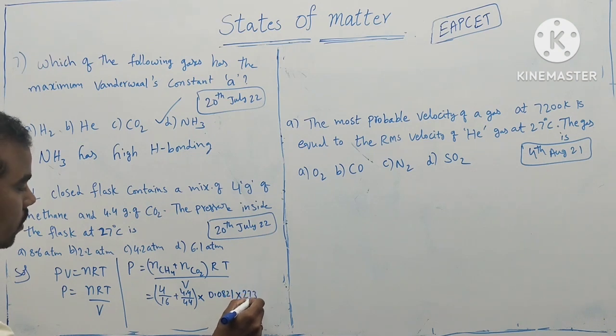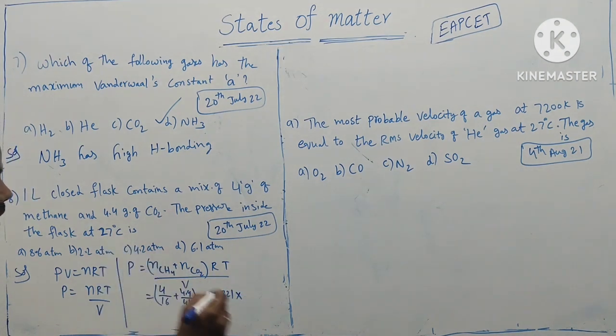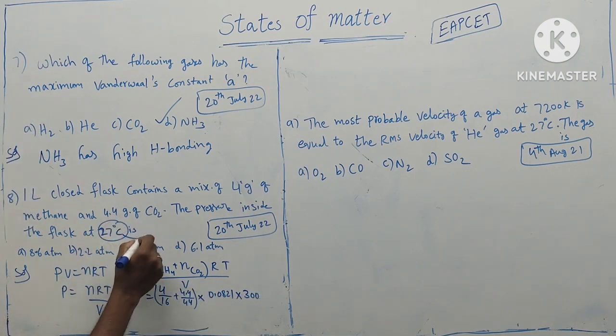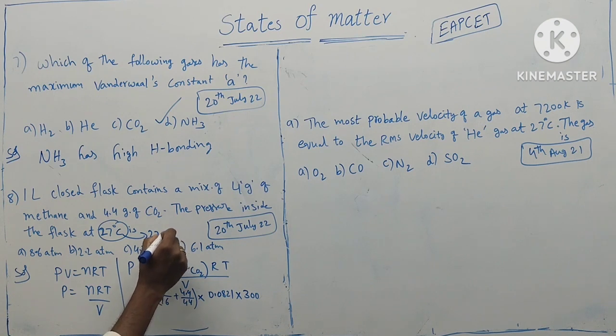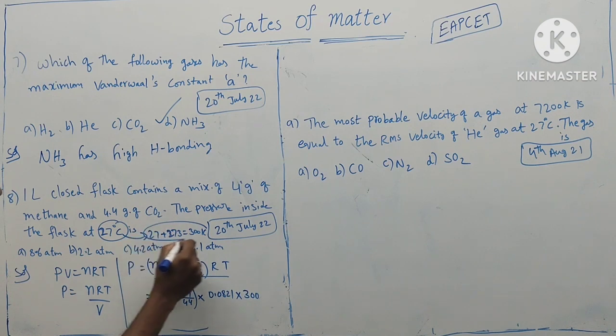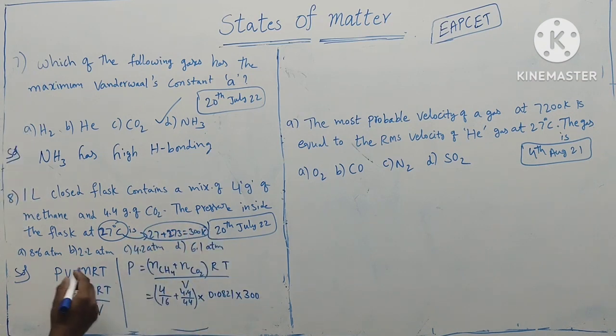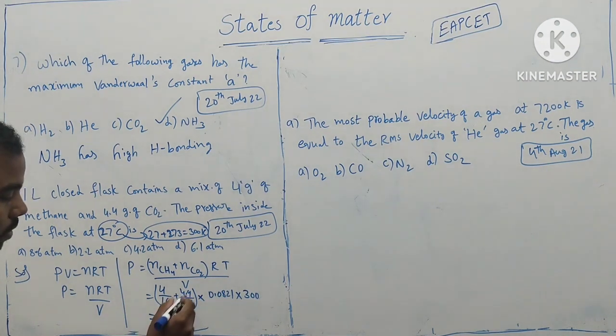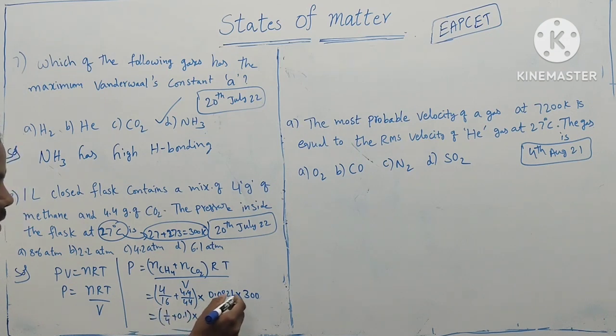Temperature: 27 degrees centigrade means 27 plus 273, which is 300 kelvins, by volume 1 liter. So 4 by 16 means 1 by 4, plus 4.4 by 44 means 1 by 10, 0.1, into 0.0821 into 300.